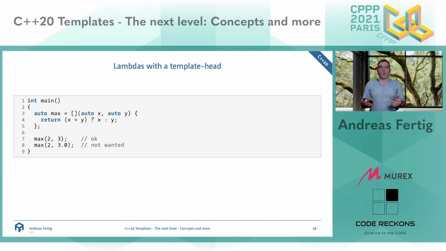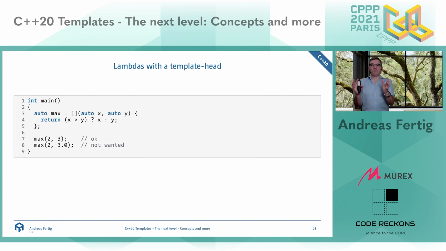But there was no way in C++14 or 17 to say that we want our lambda to take parameters of any type, but those lambda parameters should be of the same type. There was a hack, but that's not really nice.